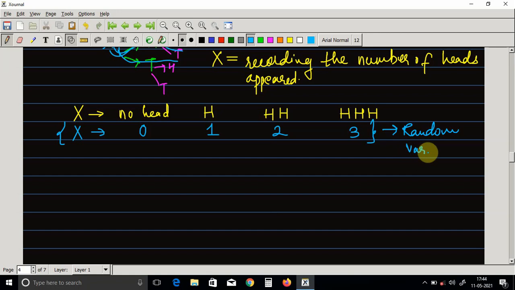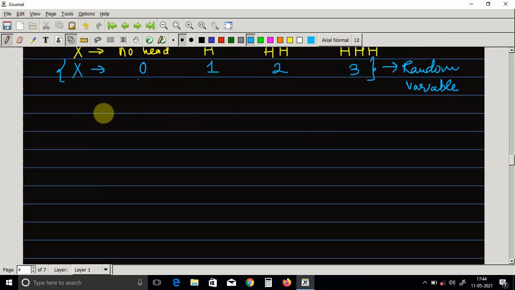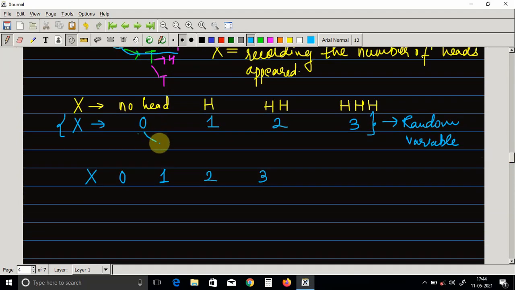It is going to take values 0, 1, 2 or 3. Now you can see that X takes value 0, directly jumps to 1, then after 1 it takes 2. So this is my discrete random variable.